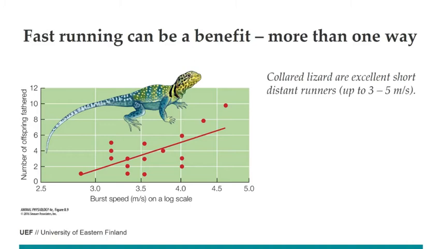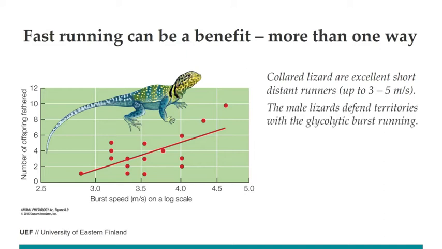So for example, this lizard can run 5 meters per second. That's a very fast speed. And it can run only a short distance. And they are not running just for hunting or escaping, but the males are doing it for defending their territories. And because it's so fast and such a short period, it works with glycolysis.